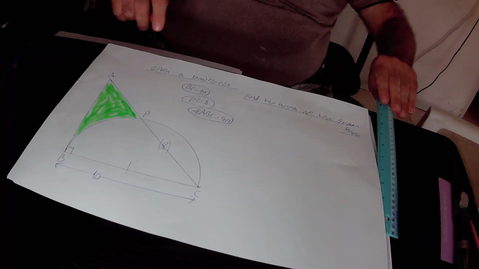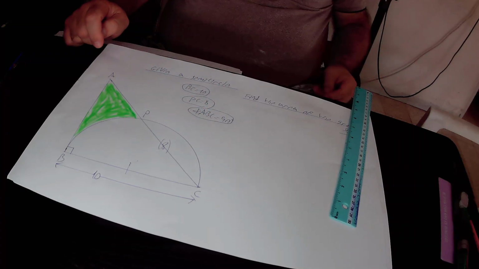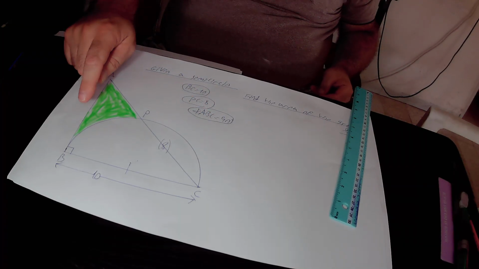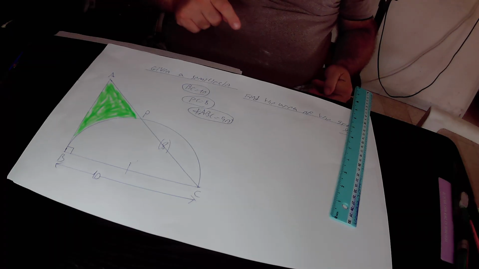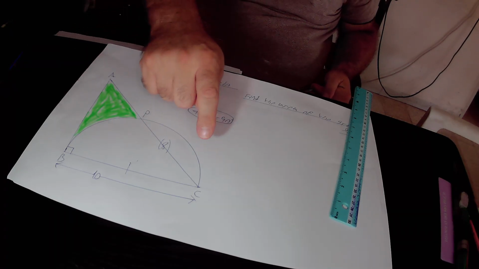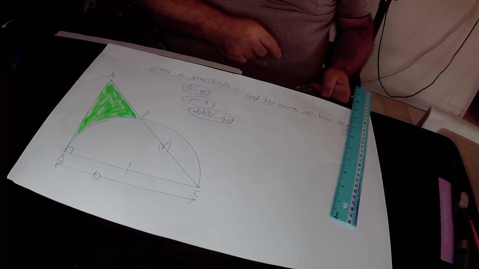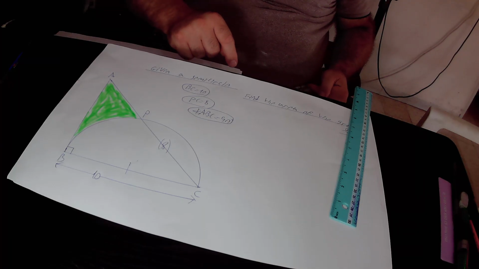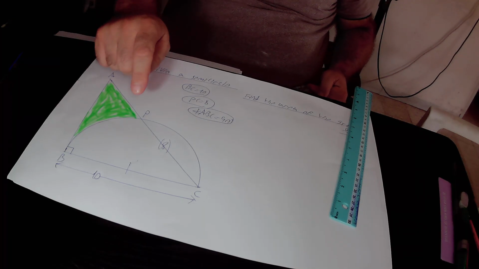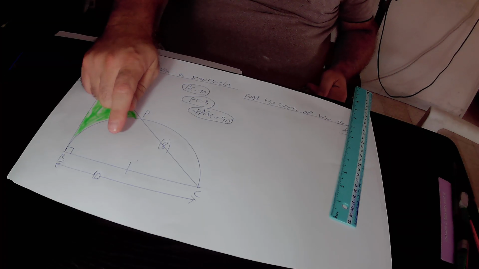In the drawing we have a semicircle. BC equals 10 units in its length, that is to say the diameter of the semicircle BC is equal to 10 units. Therefore the radius must be equal to half of it, that is 10 over 2, that is 5.